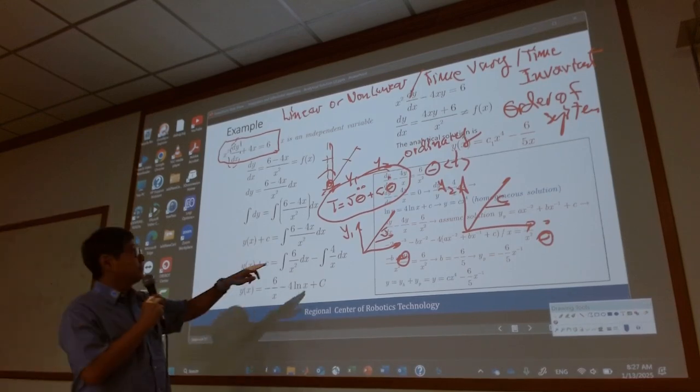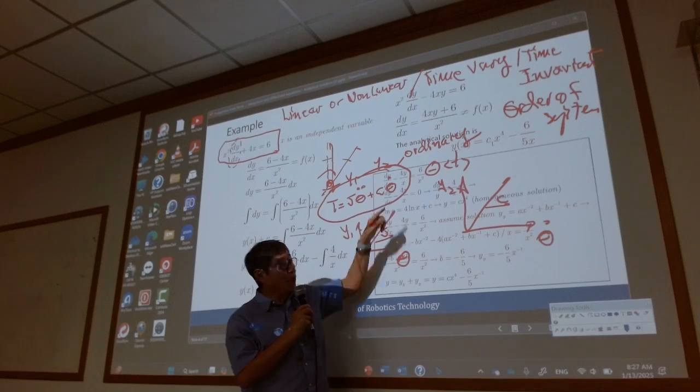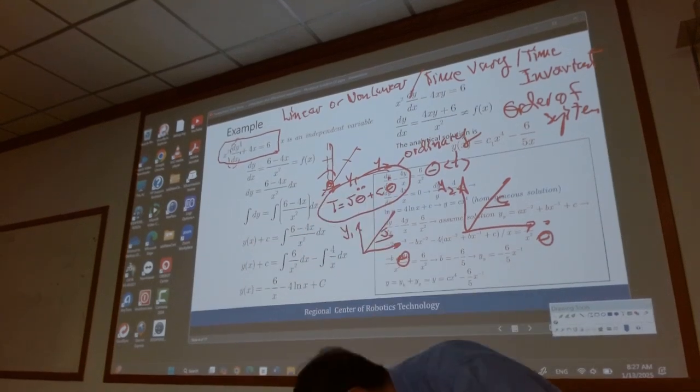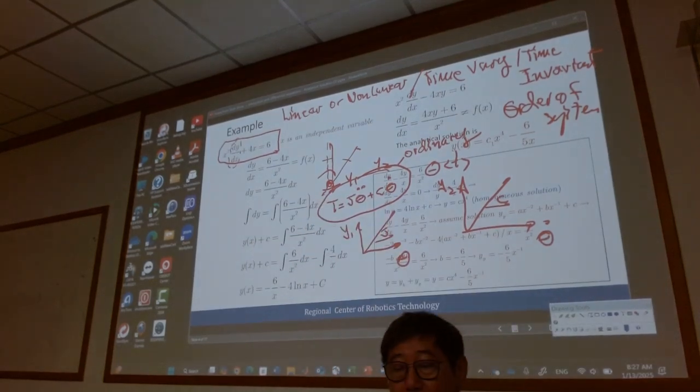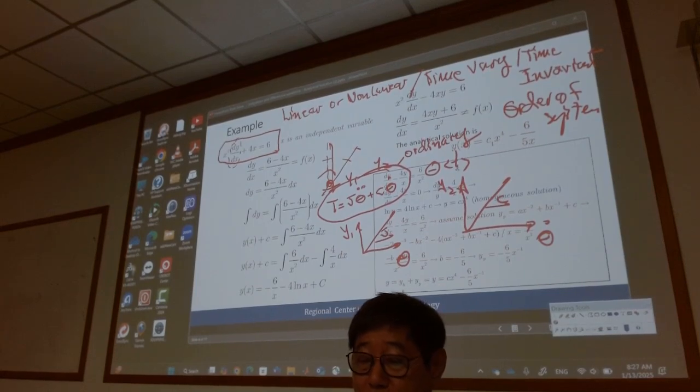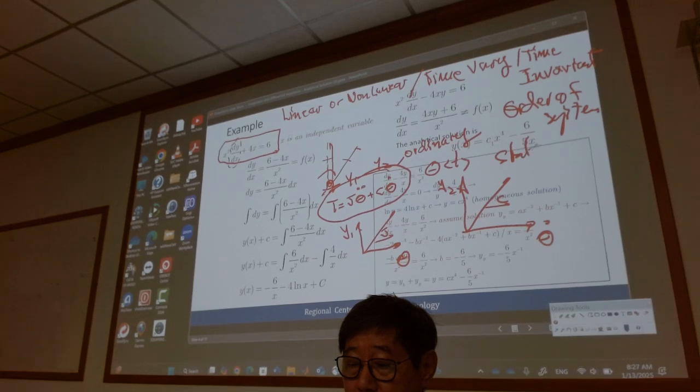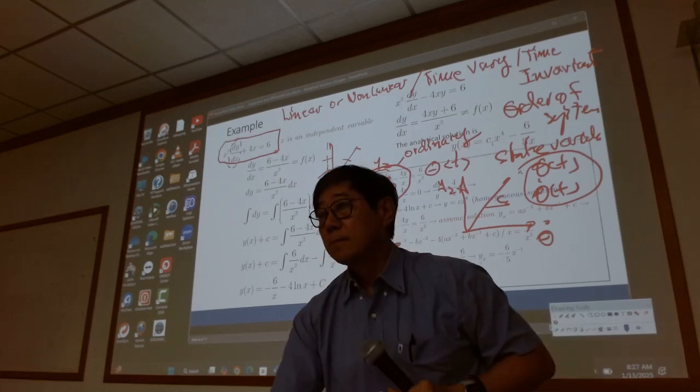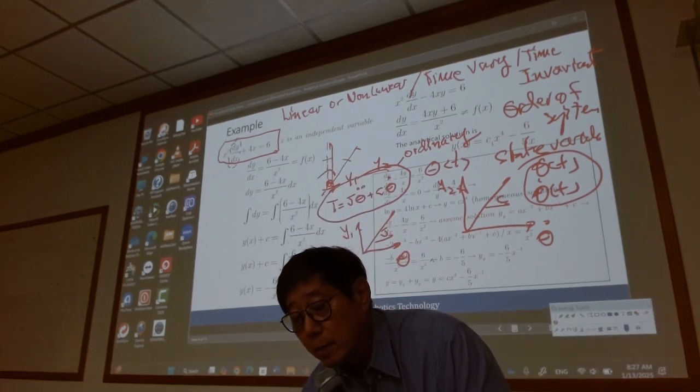You have second order, right? So in this case, if you have this state variable, theta(t), theta dot(t) is a state variable. Theta double dot is also a state variable.